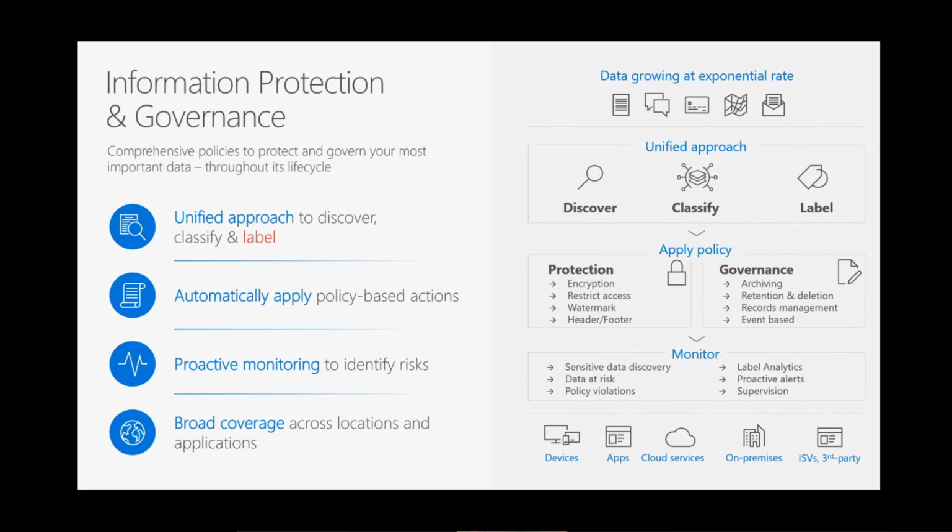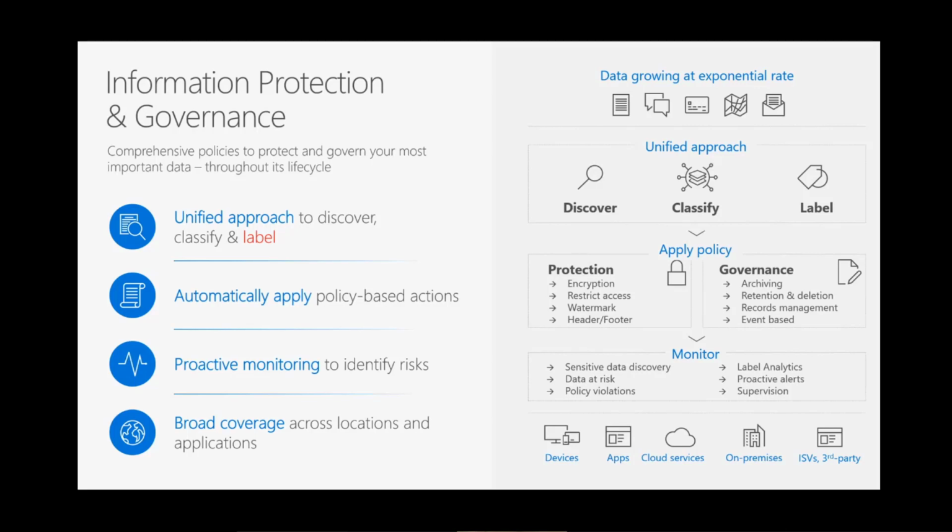We no longer have the disparate systems of Azure Information Protection on the side, or Windows Information Protection providing classifications here or labeling here. You bring them all together into a unified approach under the information protection and information governance pillars inside of Microsoft and inside of your organization. I've seen a lot of companies start to hire information governance employees to start to lead the hierarchy and the classification of the information.